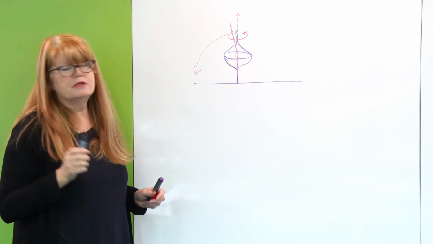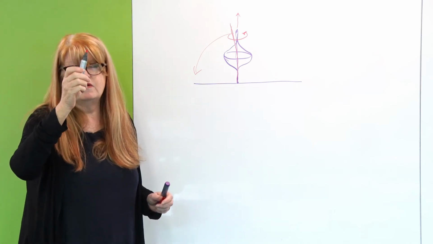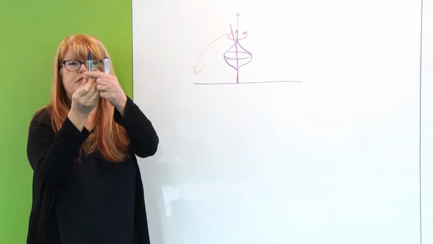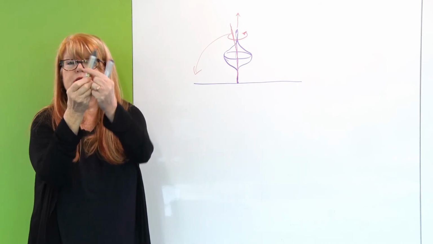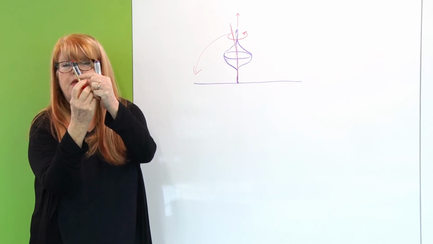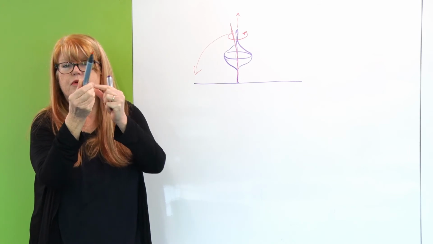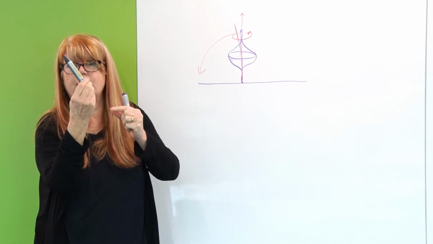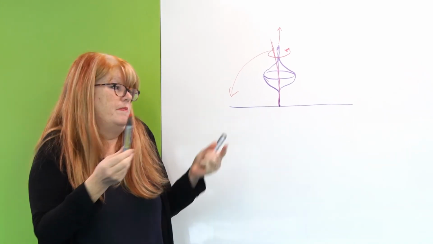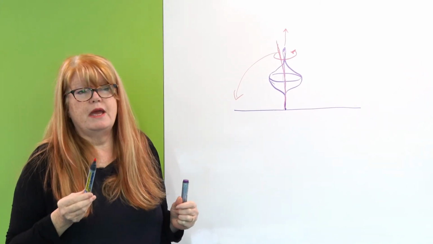What happens to the top if it's a little bit off the vertical? It precesses. So if it's spinning around this direction and it's tilted a little bit, it spins around that direction, and then that direction itself slowly moves around like that. Well, this is basically what we're seeing over there.